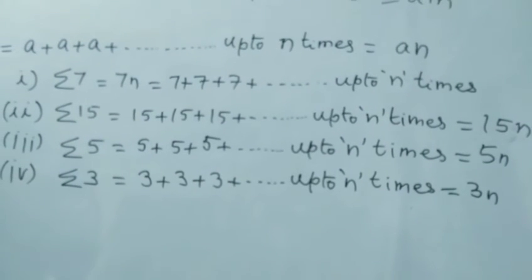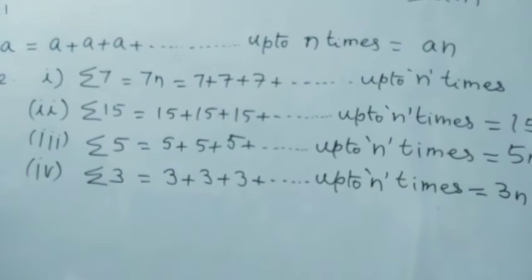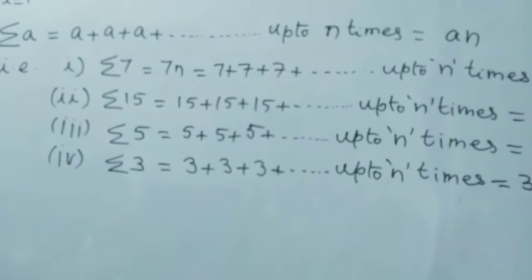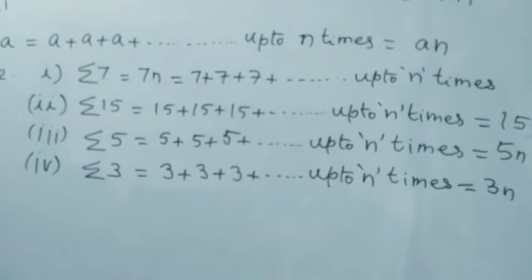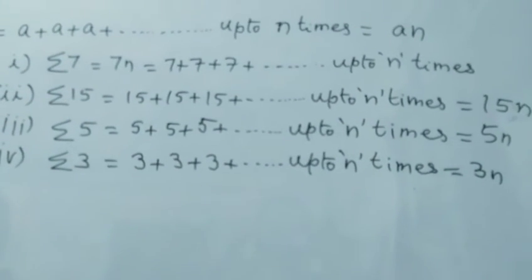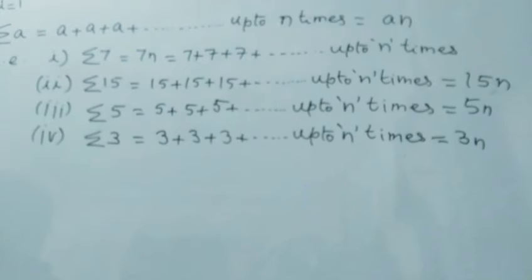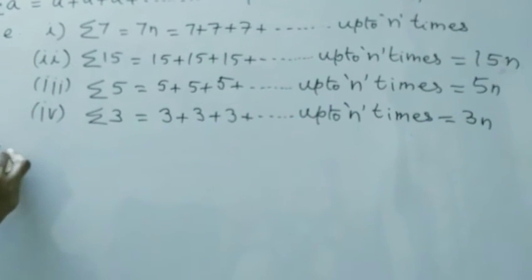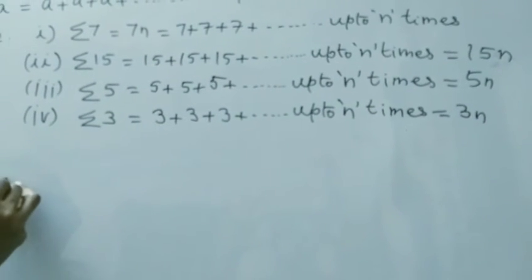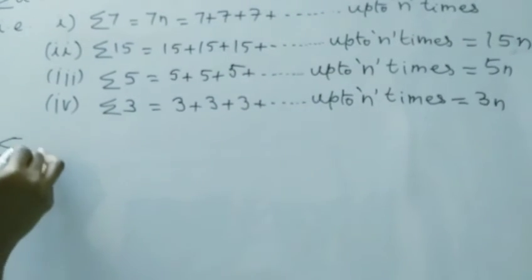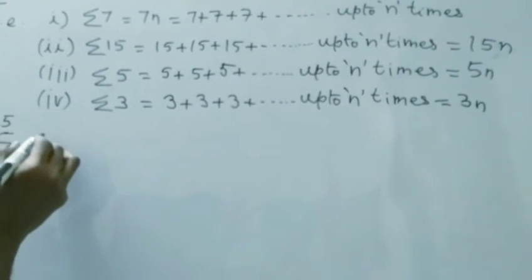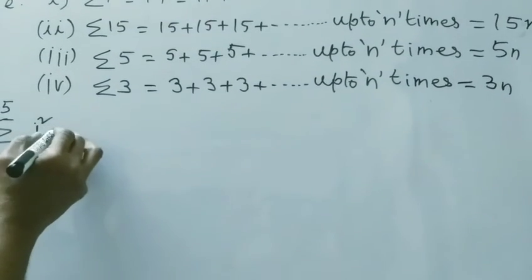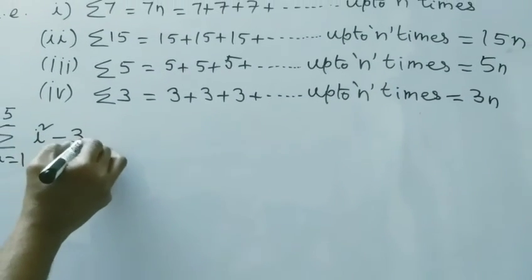Next, one more example for this, the third one: summation of i is equal to 1 to 5 of i square minus 3i.